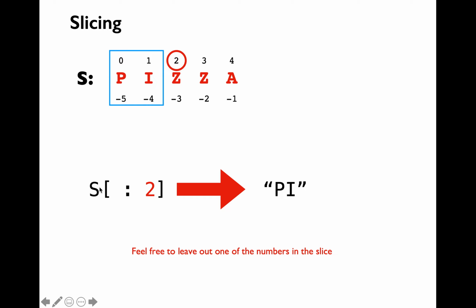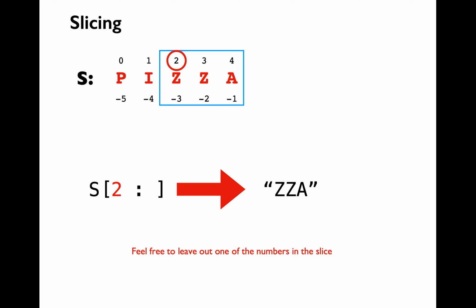Instead of mentioning your slice is 0 colon 2, you can just say your slice is S of colon 2, and Python will automatically assume that you want all the characters from the beginning of the string sequence up until the previous index position of the exclusive end here, which is going to be index position 1. Similarly, you can say give me all the characters from index position 2 up until the last character here.